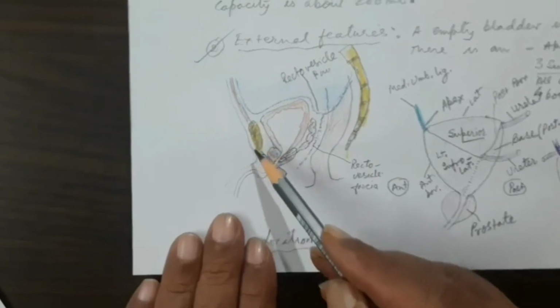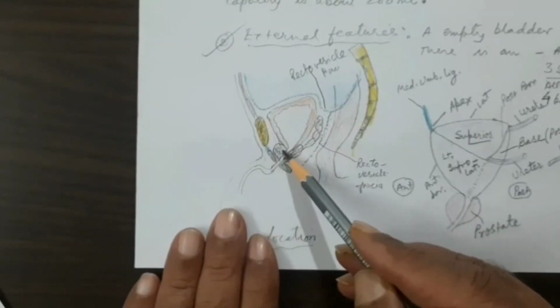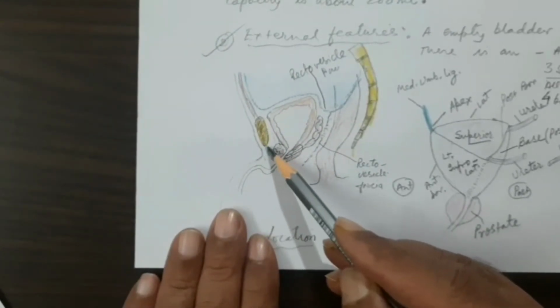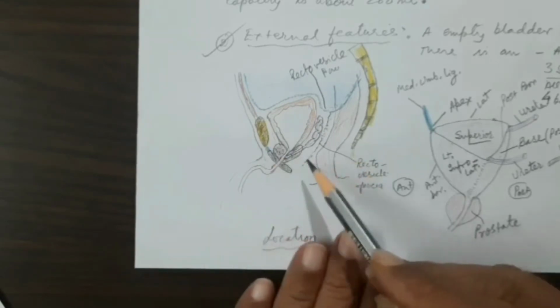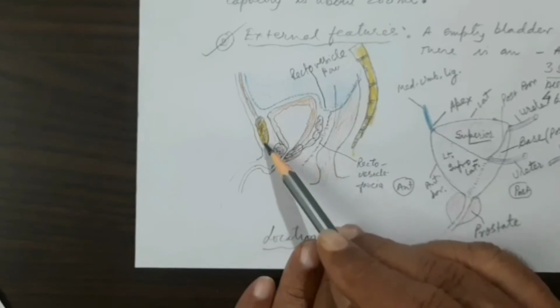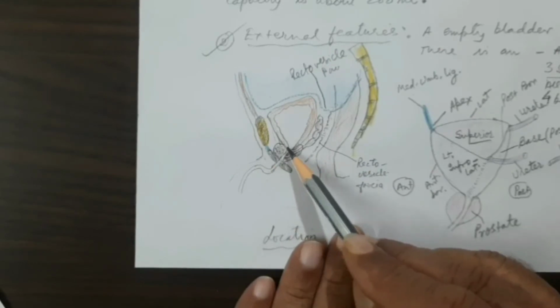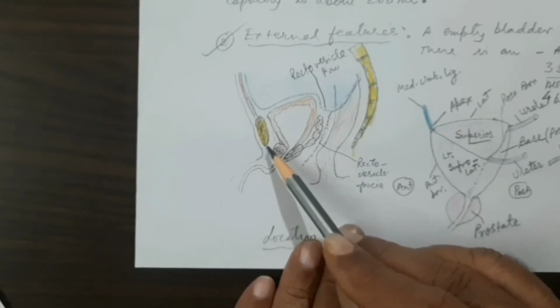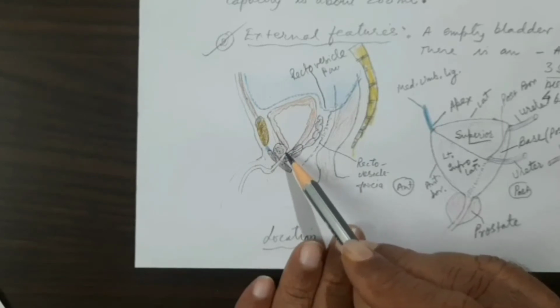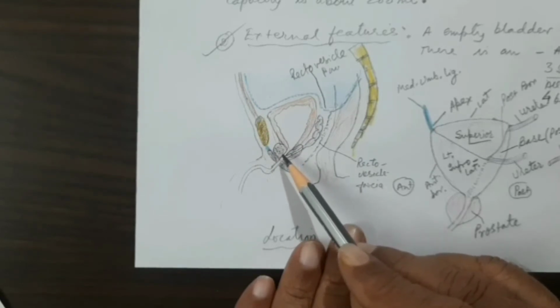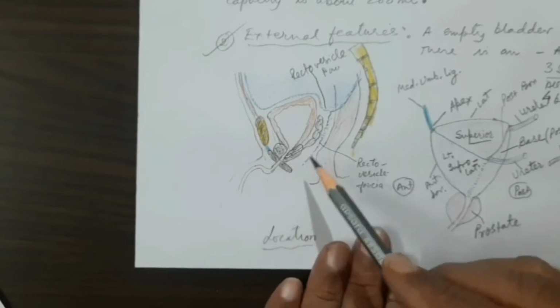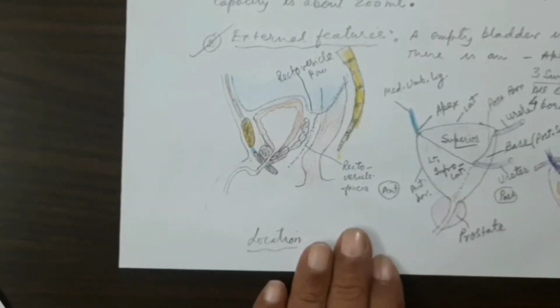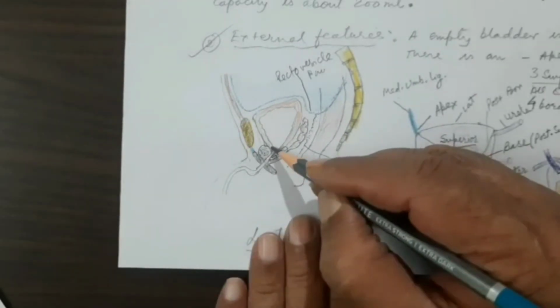See, this is the pubic symphysis, and about 2 to 3 centimeter behind and inferiorly, this is the neck. So you should remember that this distance behind the lower margin of the pubic symphysis, about 2 to 3 centimeter, is the neck.